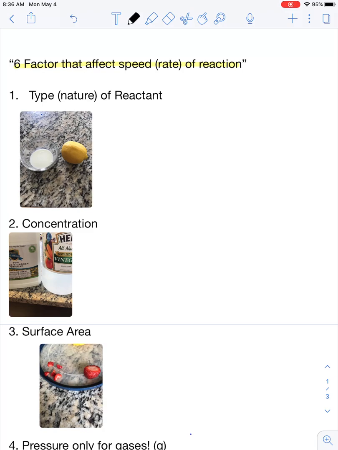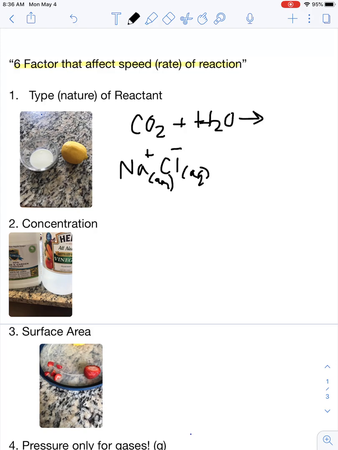If we relate this to chemistry, we're looking at covalent things. Say we have carbon dioxide, which is covalent because it's nonmetals, and water, which is covalent, nonmetals. And then we compare it to an ionic compound in water. Remember, when we have ionic compounds in water, they're floating around. The question is, which reaction will happen faster?